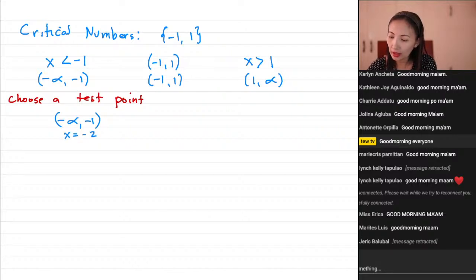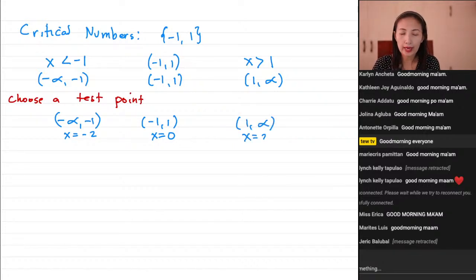Okay, how about the interval -1 to 1? Okay, let me choose 0. Okay, 0 belongs to the interval? Yes. How about from 1 to +infinity? Let x be equal to 2. Okay, now we will use these values as our test points.